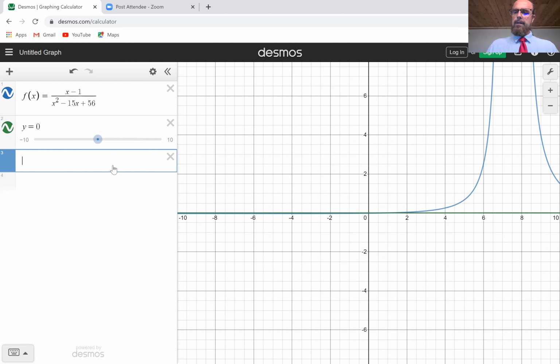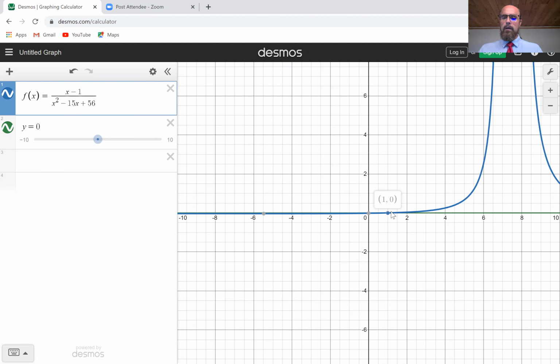the graph. One thing I want to notice, if I find 1 on my graph, I see that that is a 0. And if I were to trace up, I can tell I'm on the rational function there. So what I want to see is what happens on the left side of 1. I can see on the right side that the function is above the x-axis.